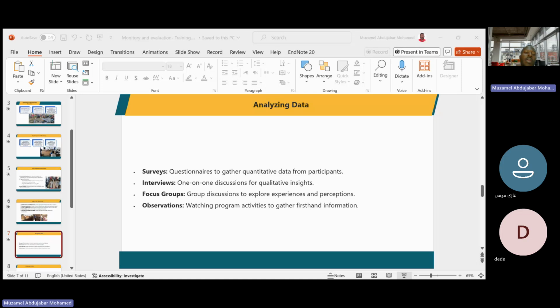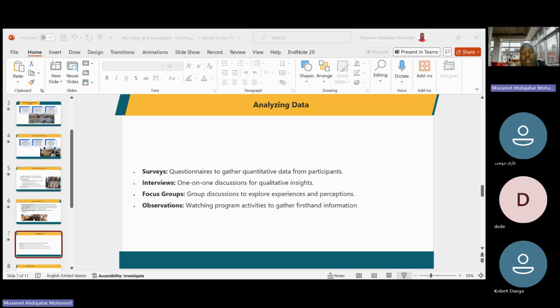Interview is a one-on-one discussion for qualitative insight. Qualitative insight means the perception of someone. This is the qualitative. It is not numerical, just the idea or concept of a person. For example, how about the mental health service in Omduhon area?